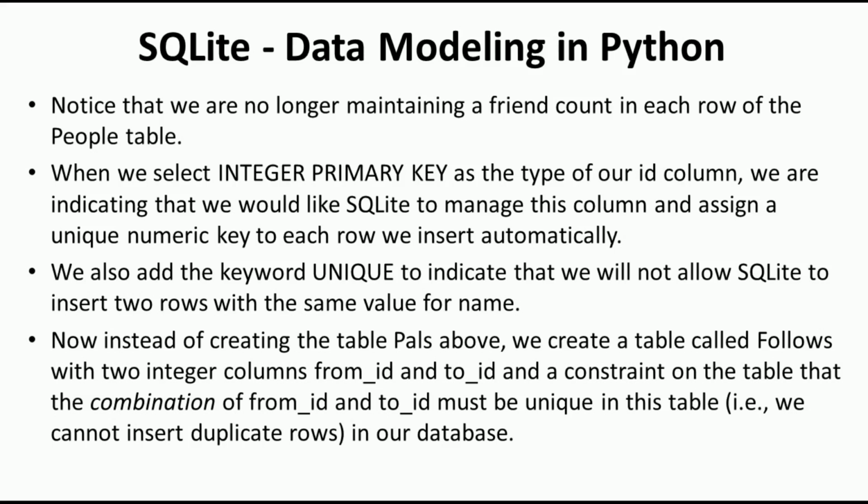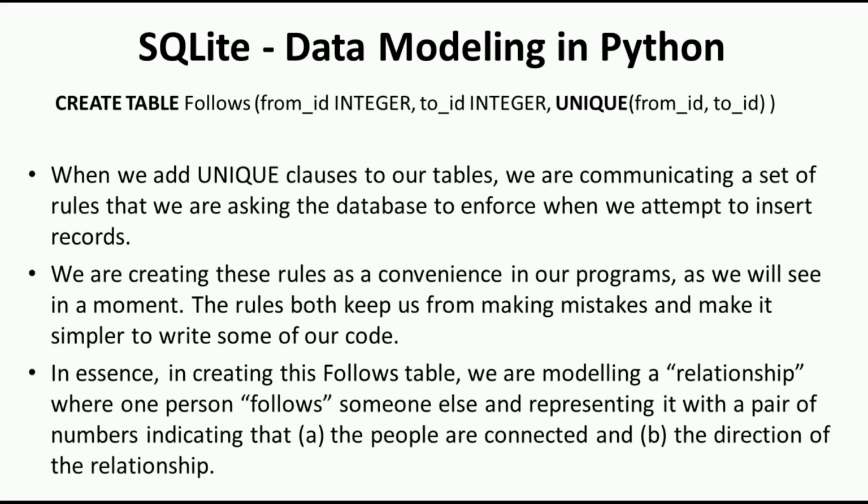Okay, now we will create one more table. The name of the table is follows here. Again, rather than inserting the name of the friend and his friend, we use the id of that particular friend and his friend. In the earlier case, the PALS table, we used from friend and to friend, both of them string type.